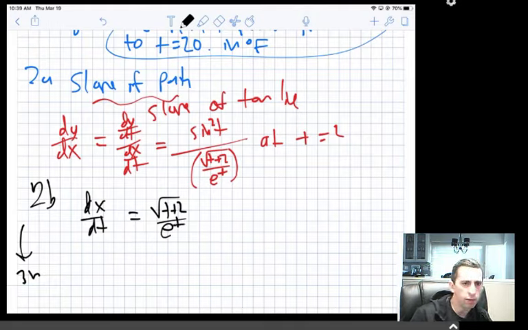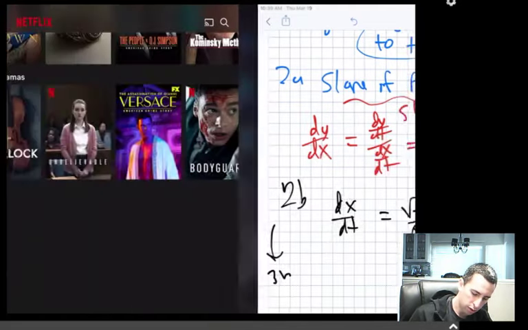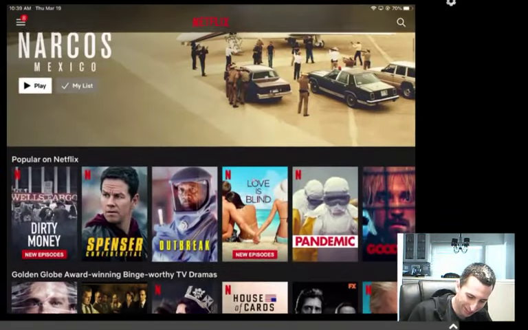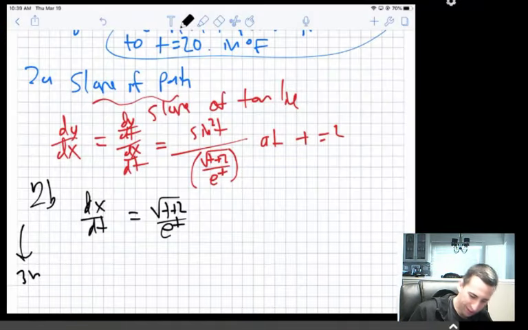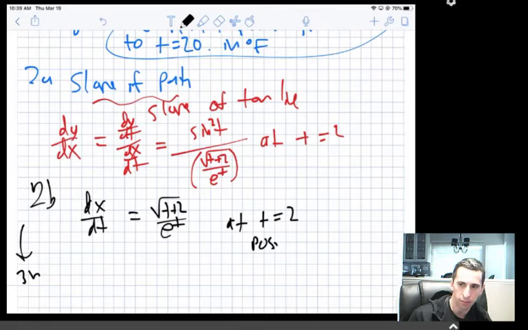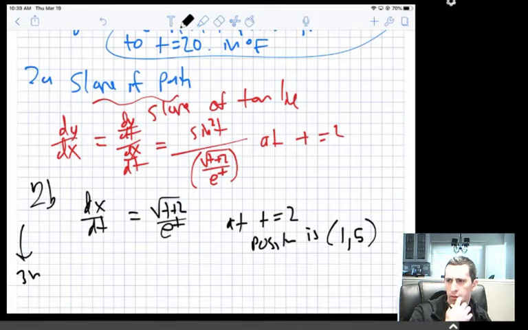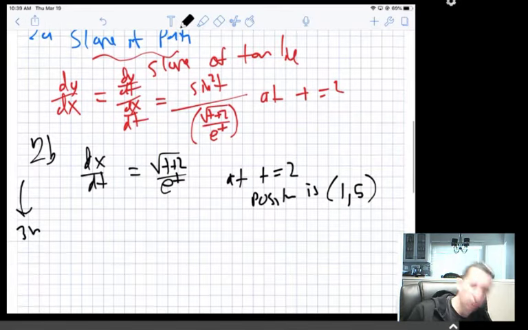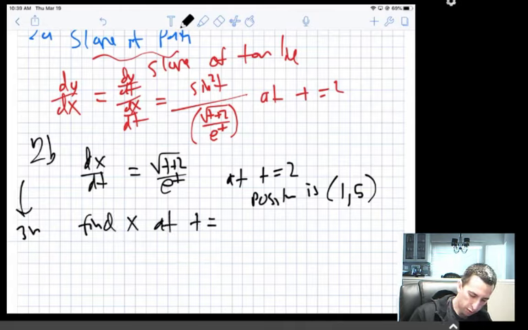And they give you this initial condition that at t equals 2, the position is (1, 5). In this problem, they ask for the x-coordinate of the position at time 4. So you're trying to find x at t equals 4.